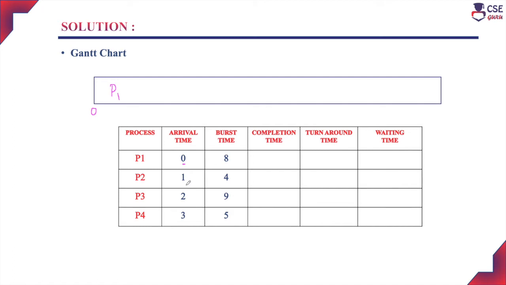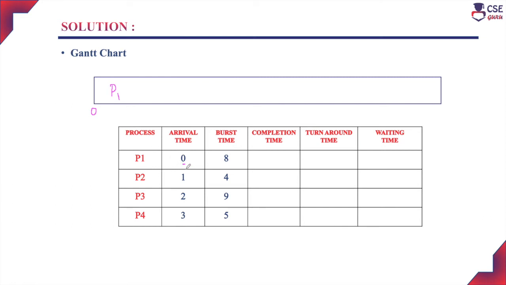Suppose the newly entered process has the least CPU burst time compared to the remaining time of the executing process, the scheduler will suspend the ongoing process and assign the new process to the CPU for execution.